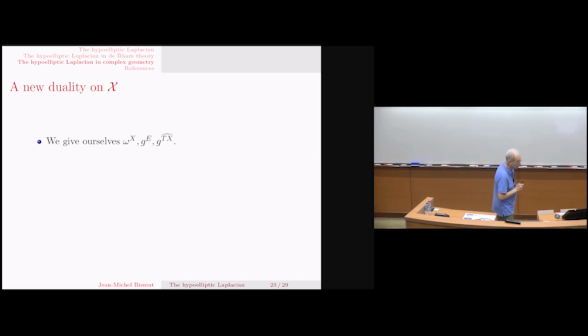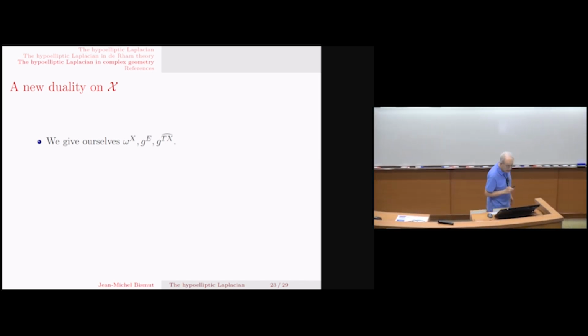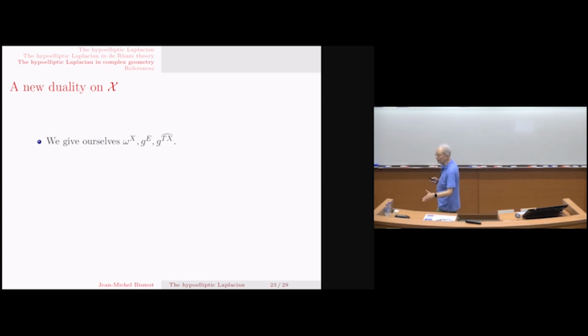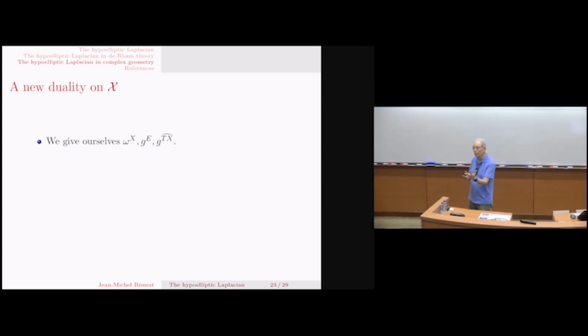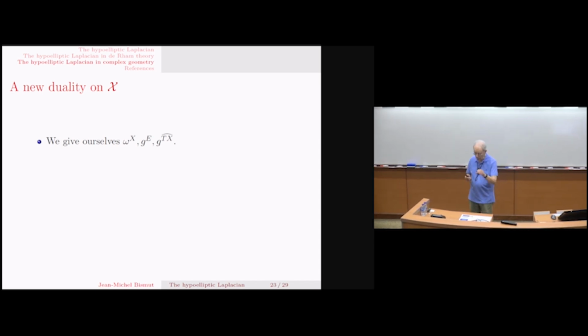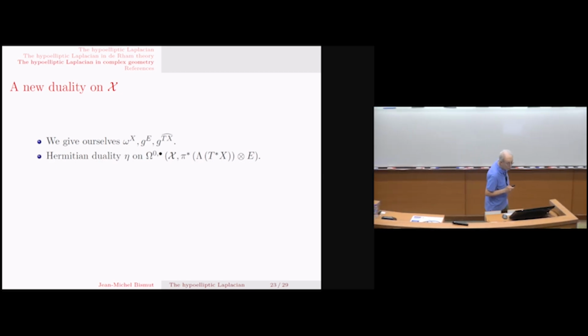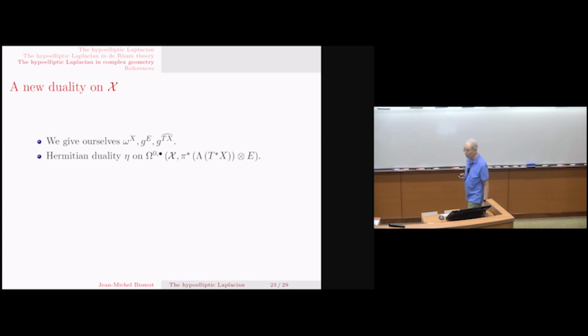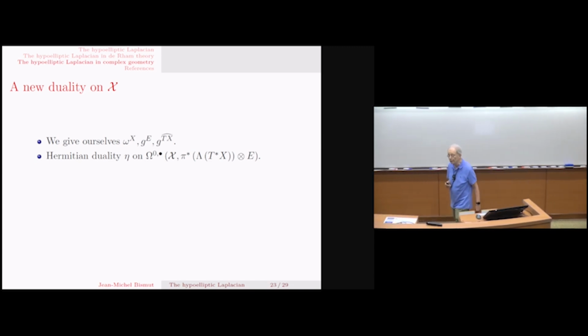Omega x is a 1-1 form of the base. GE is a Hermitian metric on the vector bundle, and GTX hat is a metric on the fiber. You have these three sorts of metrics, one on the tangent bundle to the base, one on E, and one on the fiber.